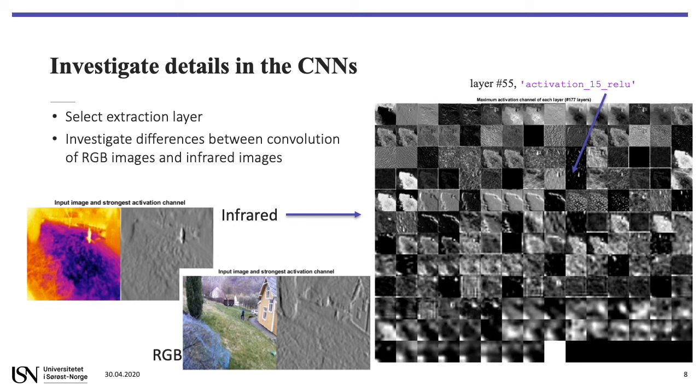On the right side, you see the maximum activation channel of each layer on the ResNet 50 that we used for the faster RCNN detector. And we selected layer 55 here, where you can clearly see the person as a white dot. This is the activation 15 ReLU layer.